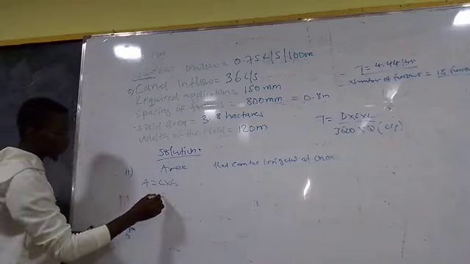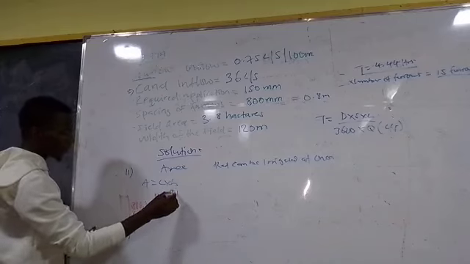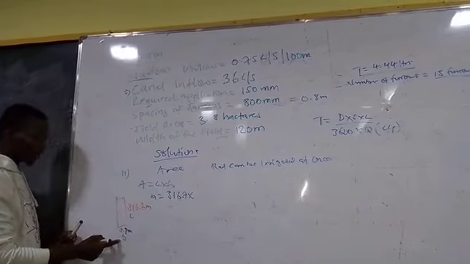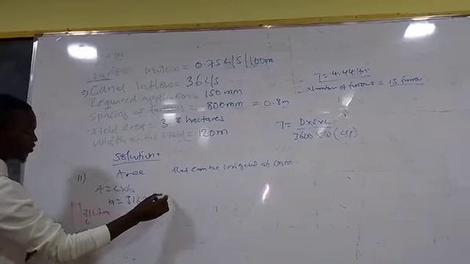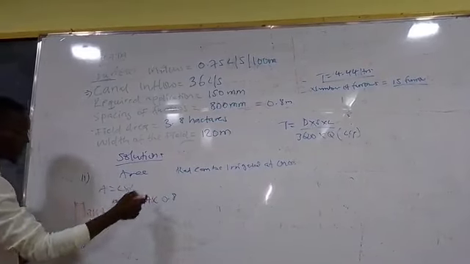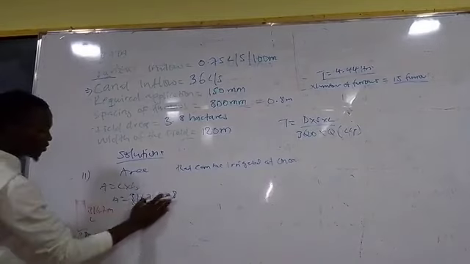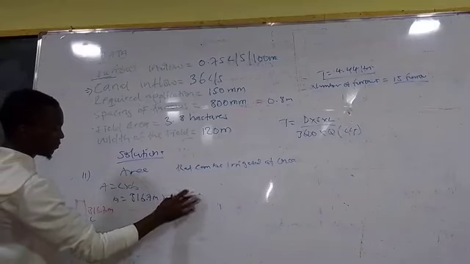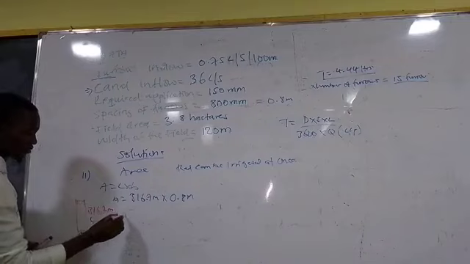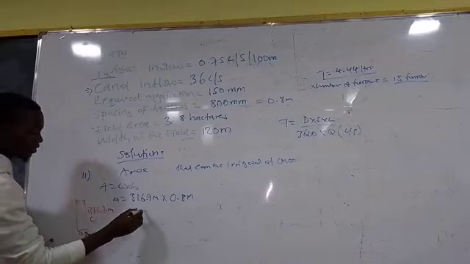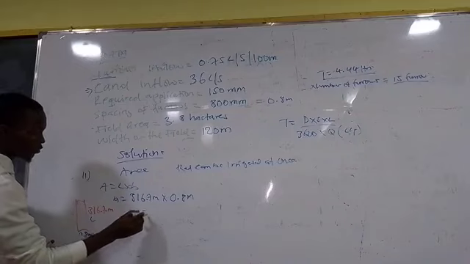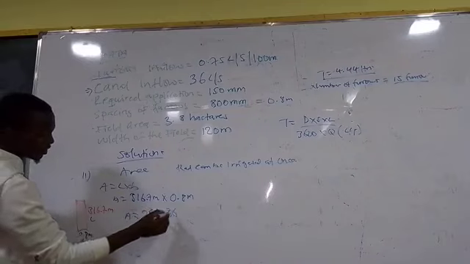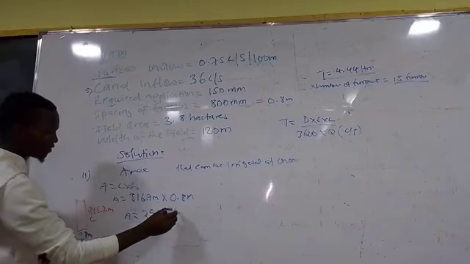So our area is equal to 316.7 times the width, 0.8, right? This is meter, this is meter. So it's obvious that you expect your units to be in square meter. What is this times this? 253.36 meter squared.